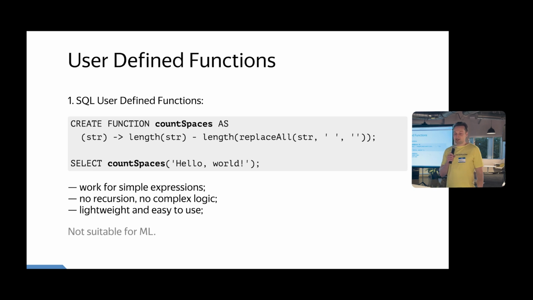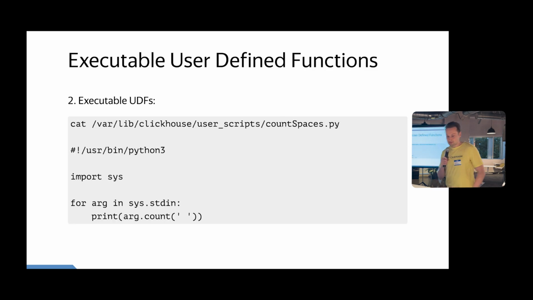SQL user-defined functions work for simple expressions. They don't support recursion, they don't support loops, complex logic, but they are easy to use. They are totally not suitable for AI and ML. So let's skip it. And another category is executable user-defined functions.